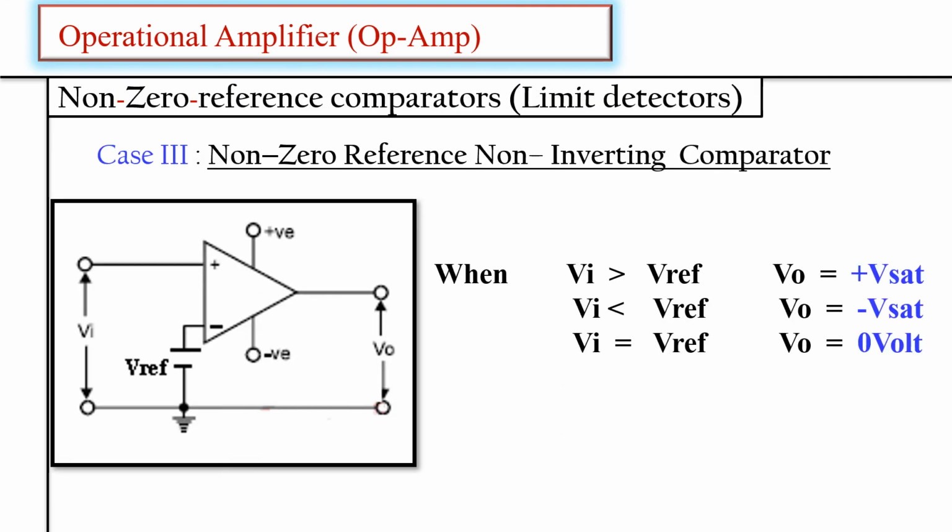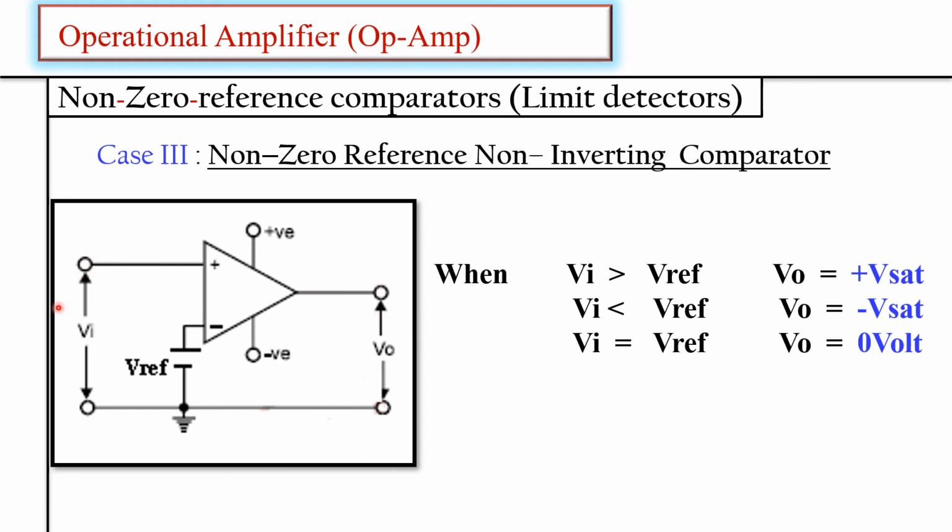The second type of comparators are non-zero reference comparators, also known as limit detectors. So case 3, non-zero reference non-inverting comparator. In this type, the trip point is equal to Vreference. When the input voltage at the non-inverting terminal is slightly more than Vreference at the inverting terminal, then the output goes to positive saturation.